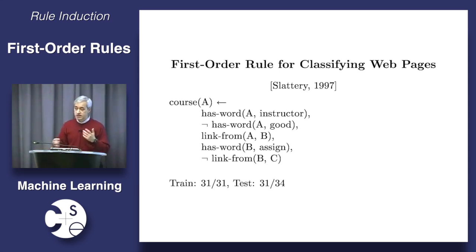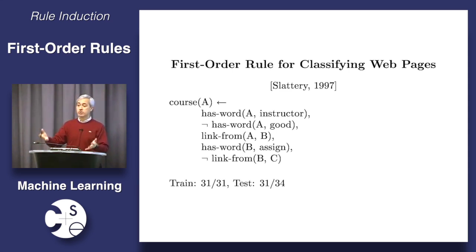Right, so by the way, something that people often do in text processing is stemming. Stemming means that I cut out the suffixes of words. So this assign really comes from the word assignment. Right? So what these two are saying together is that something is a course page if it points to another page that contains the word assignment. Well, of course. Isn't that brilliant?